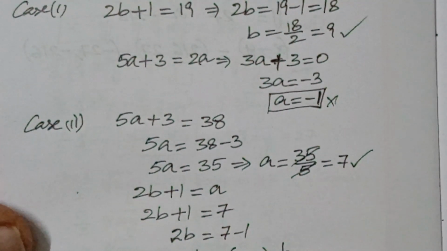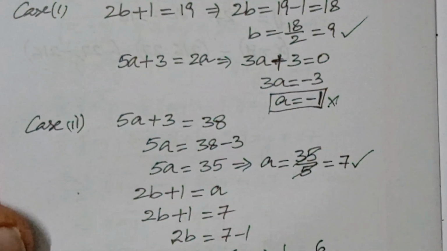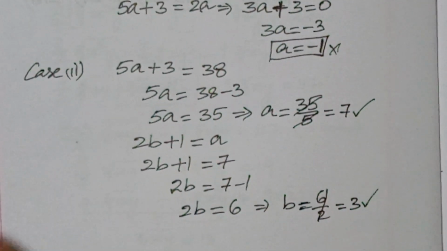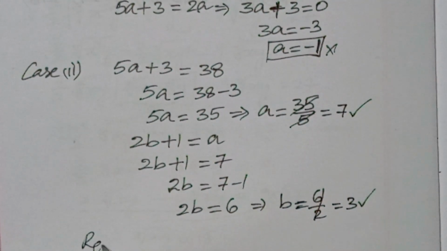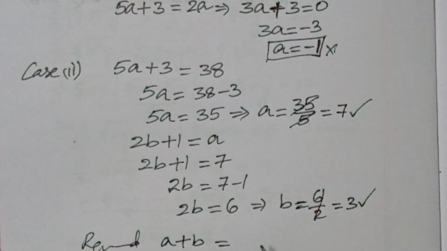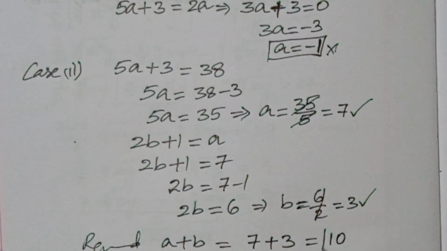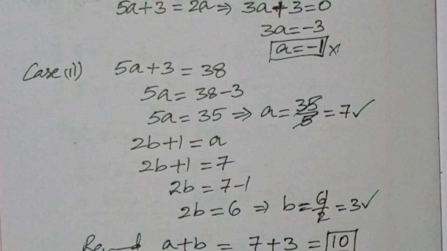That implies b is equal to 6 by 2. We are getting 3. Now what is required? a + b value. So a value 7, b value 3, so a + b value is 10.